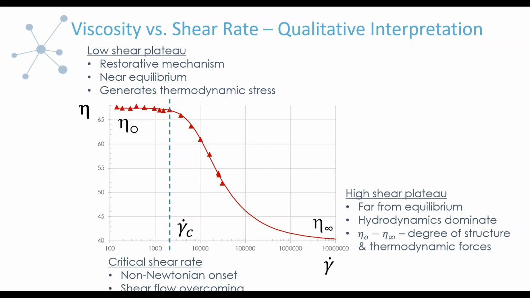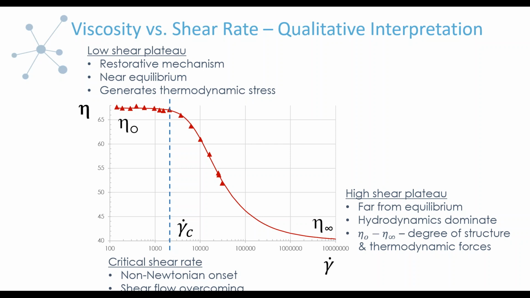But they have the ability to say, no, we're not going to be pushed far from equilibrium, and we have the ability to resist this external flow. So there is some restorative mechanism acting to maintain something near an equilibrium state. And because we're talking about larger macromolecules like proteins, they have the ability to do this up until a certain point.